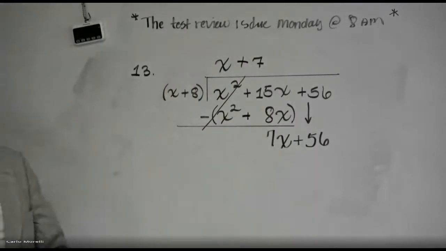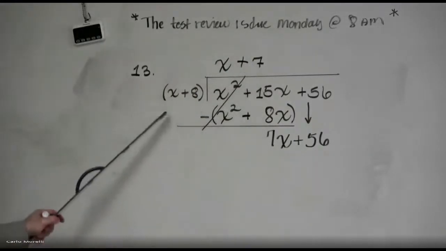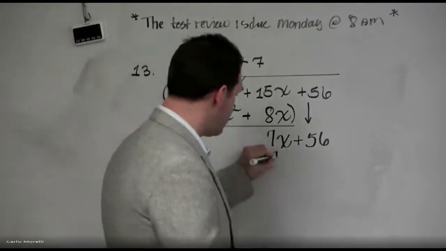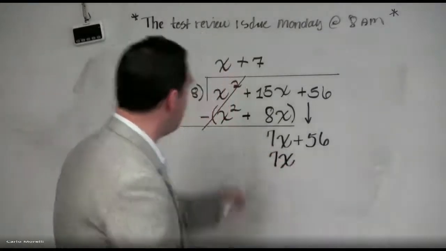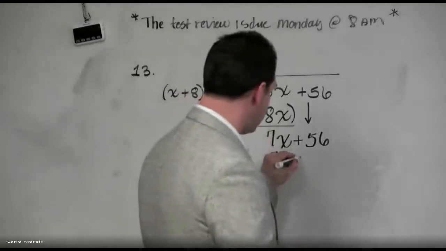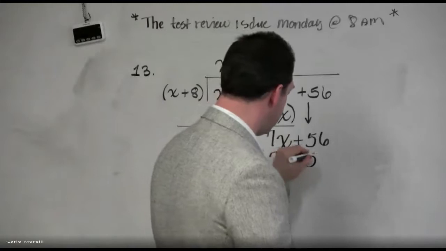And now, we're going to multiply that 7 using the distributive property through this binomial divisor. So what's 7 times x? Remember, that should be the same, 7x. What is 7 times 8? 56, positive 56, so I'm going to put plus 56.